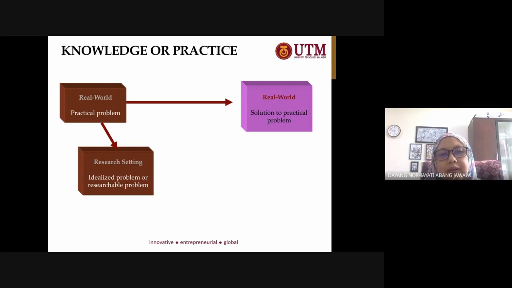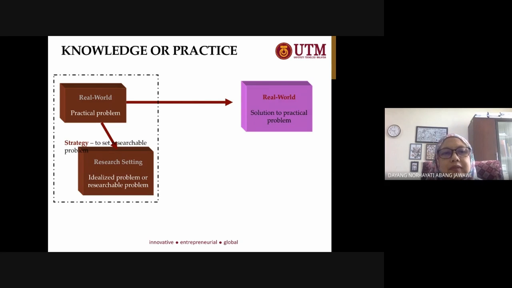So actually the problem we have in academia is more idealized as compared to the real problem faced by industry, because there will be more parameters that we need to consider in a practical problem. Okay, so set a researchable problem.